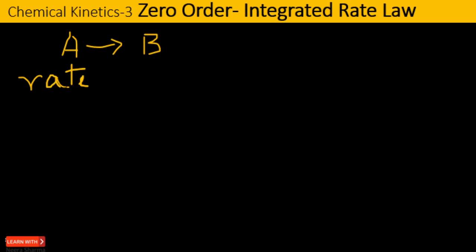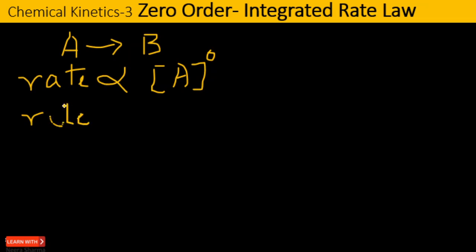would be proportional to concentration of the reactant raised to the power 0. If we remove the proportionality sign, rate would be equal to K into concentration of A raised to the power 0. So what is rate?